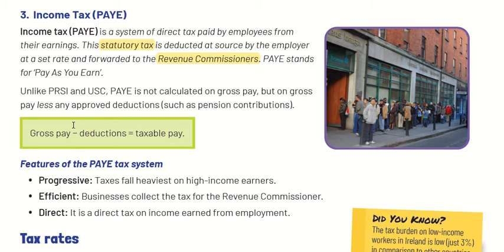Unlike PRSI and USC, when we looked at PRSI, there was a straight percentage for the employee and another percentage for the employer, whereas with USC there were 3 different rates or bands to look at. Now we're looking at PAYE, there are 2 different rates, a higher rate and a lower rate, and it all depends on how much a person earns.